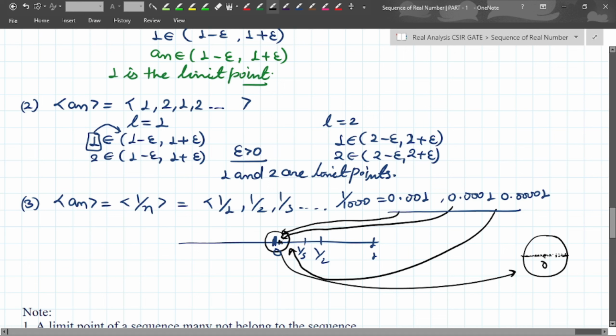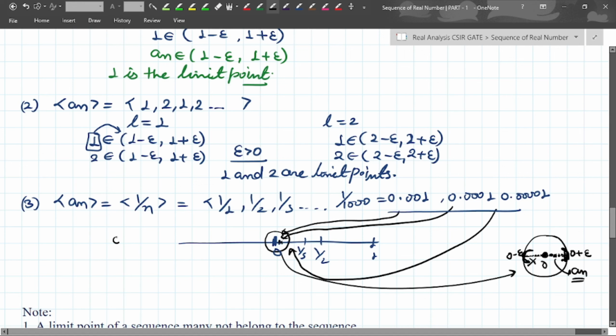This particular neighborhood, let's say 0 minus epsilon to 0 plus epsilon, is containing infinitely many terms. Here it is not, because there are no negative terms. In this particular area, it is containing infinitely many terms of the sequence.